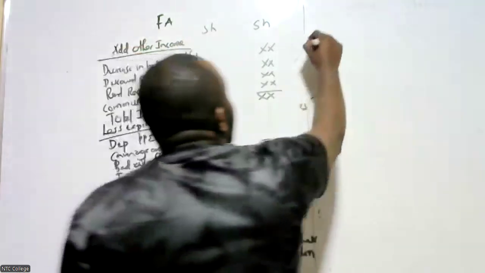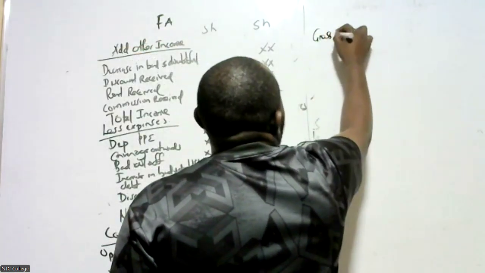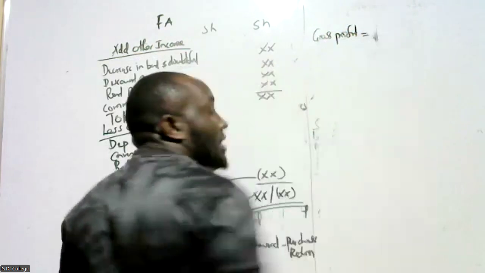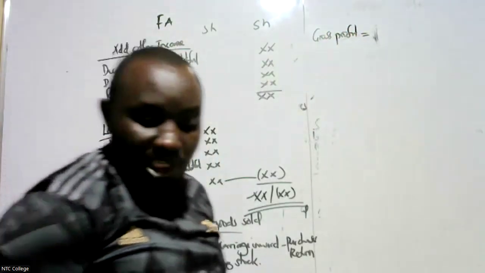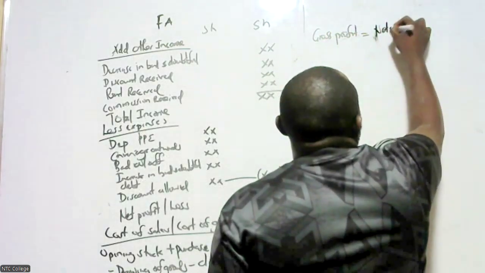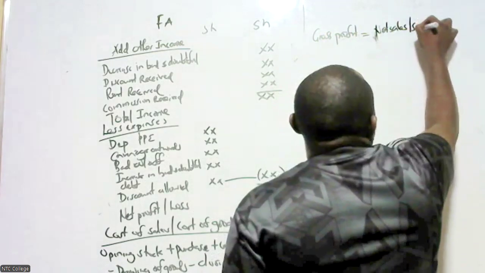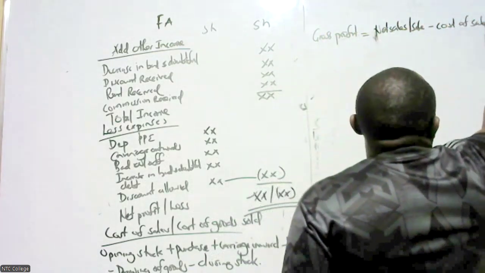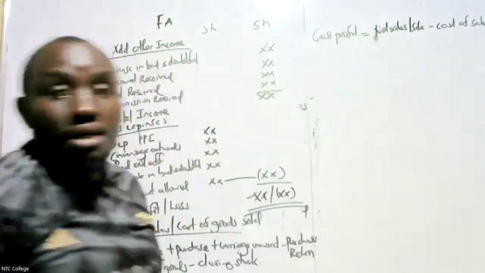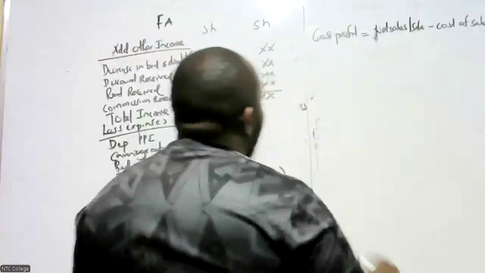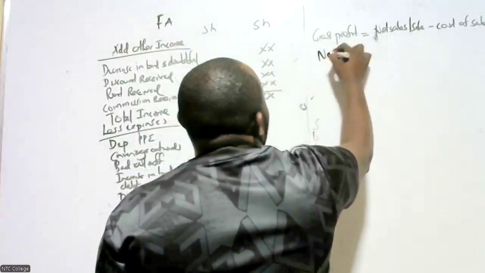What is the gross profit? So gross profit should be basically net sales minus cost of sales. Then how do I get net profit? Let's simplify what you have.